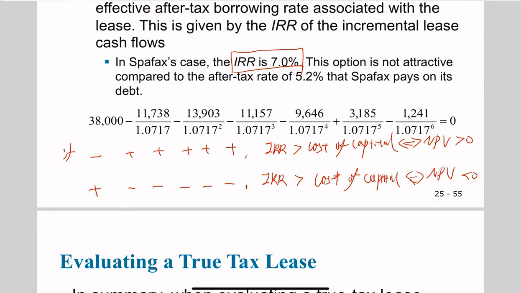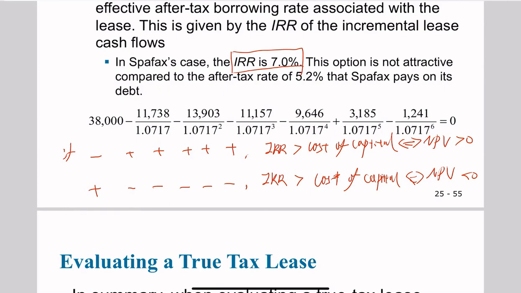But if the initial date cash flow is an inflow and future cash flows are outflows, in this case, if IRR is larger than the cost of capital, then your NPV is actually negative.